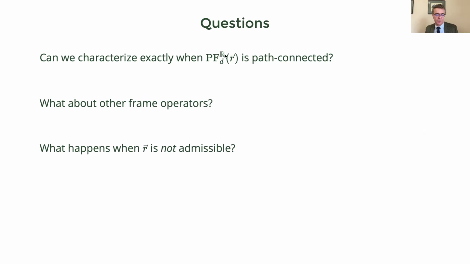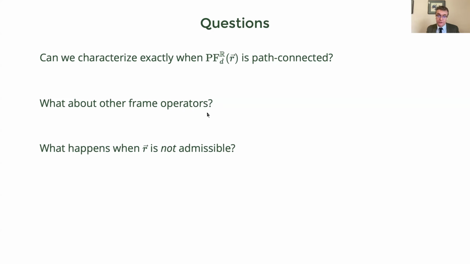And then, of course, you could ask, what if I don't care about Parseval frames? What if I want to specify different frame operators or a different spectrum of the frame operator? I expect a similar theorem to be true in the sense that you can flow from whatever you want to whatever you want. But there are some technical challenges in trying to extend our proof to that setting.